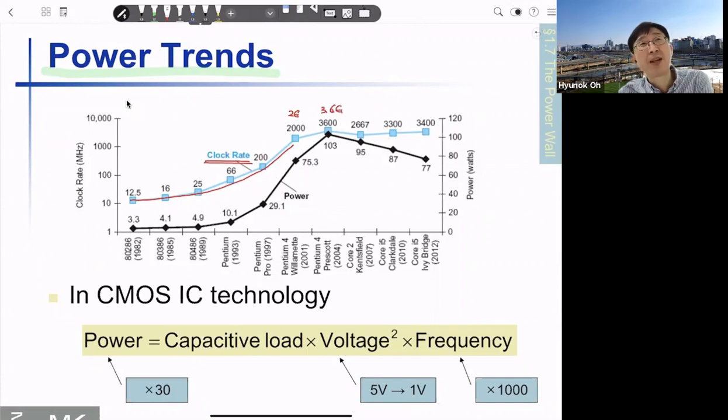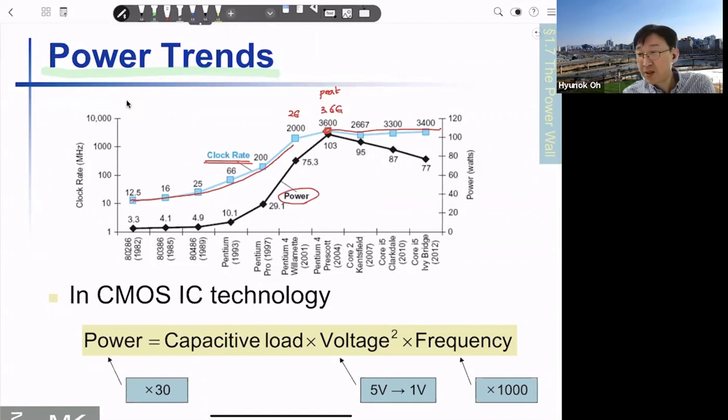Then what is happening after that? It was fixed, it's peak. After that, clock frequency is actually reduced. Can you see that? Yeah, clock frequency is reduced. It's not going to be increasing anymore. Why? Because of the power consumption, energy consumption.